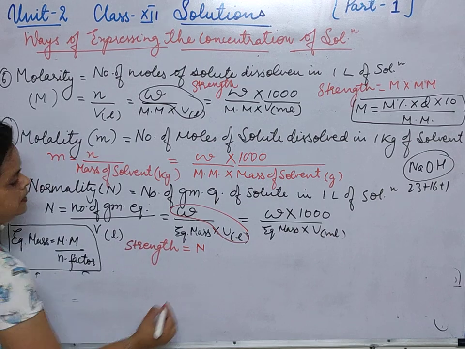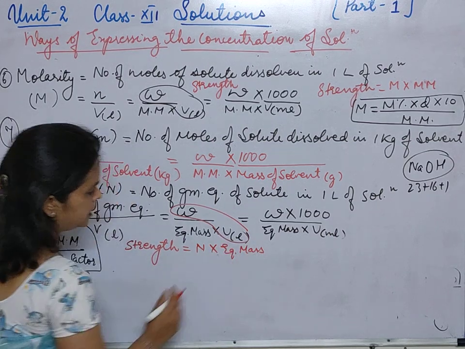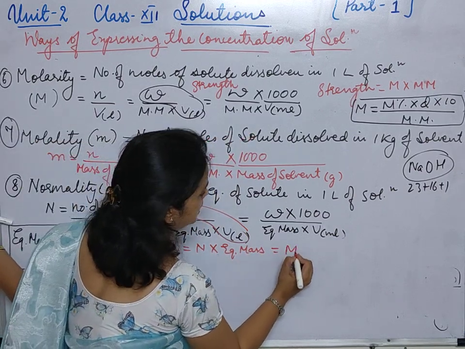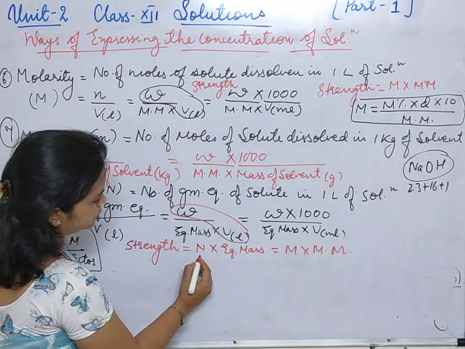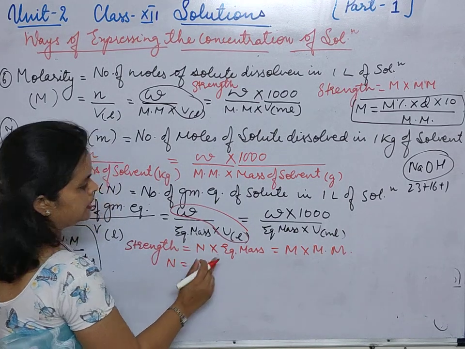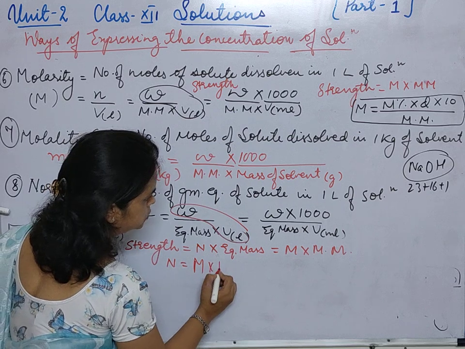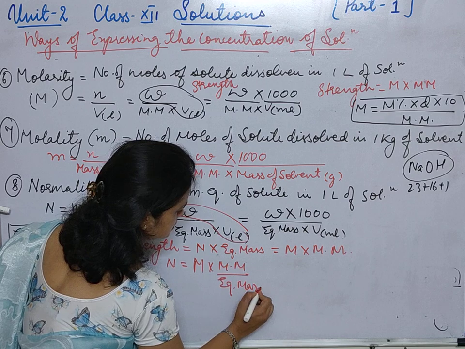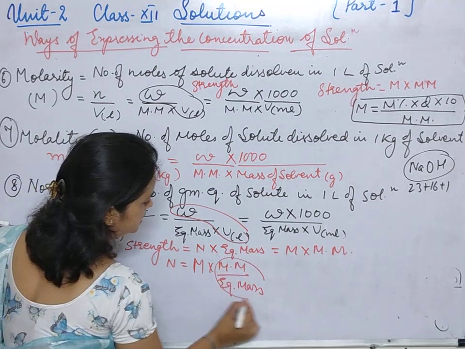So I can write here normality into equivalent mass. Okay, now strength, two formulas we have got, so we will make it equal to M into molar mass. Okay, now with this I will calculate the value of N. N की वैल्यू कैसे निकालेंगे हम? इक्विवेलेंट मास को नीचे ले जाएं, so molarity into molar mass upon equivalent mass. अब यहाँ पे देखो, मोलर मास के नीचे अगर इक्विवेलेंट मास आ जाएगा तो it will give the value of n factor. So here I can write n.